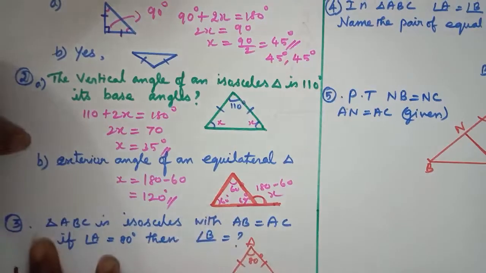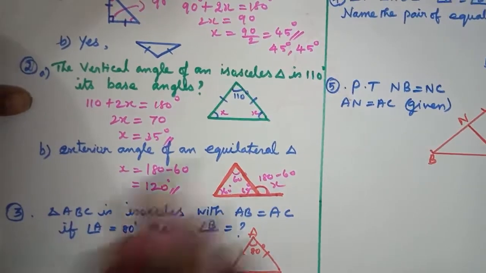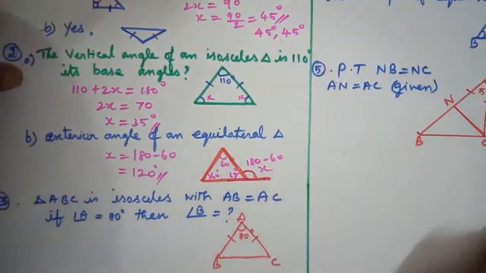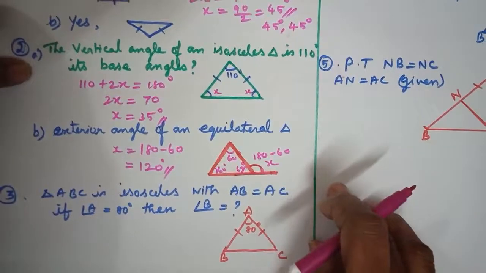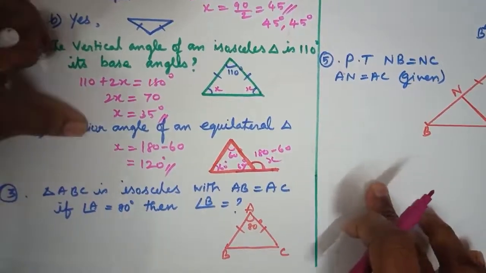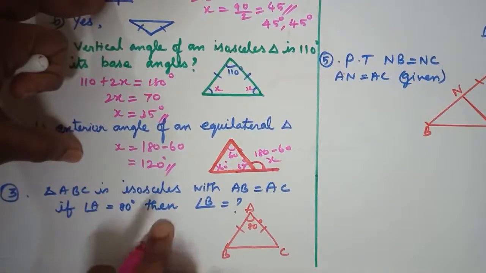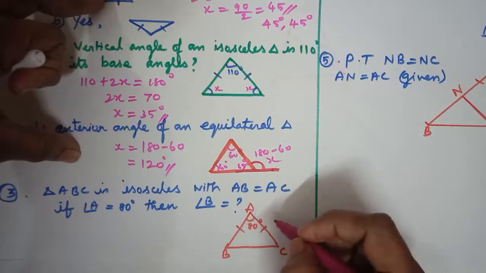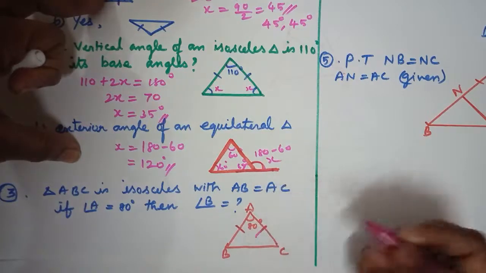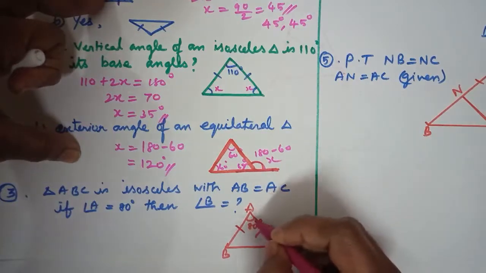Then let's move to the third question. Listen. Triangle ABC is isosceles with AB equal to AC. If angle A is 80 degree, then find angle B. So AB equals AC, and angle A is 80 degree.